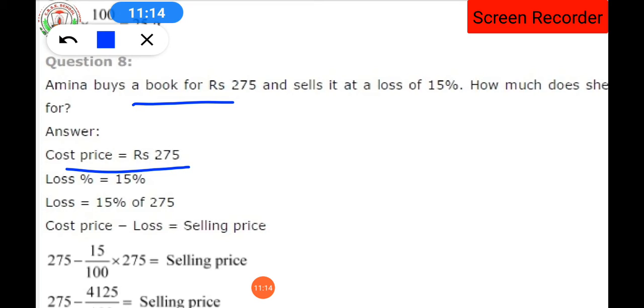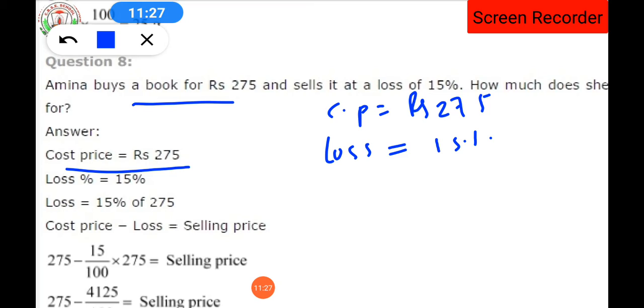So here we have the cost price CP equals rupees 275 and loss 15%, isn't it? So what do we have to find over here? We have to find the selling price. In order to find the selling price, what is the formula? Here two methods are given. One method is the formula method, another method is given on the screen.